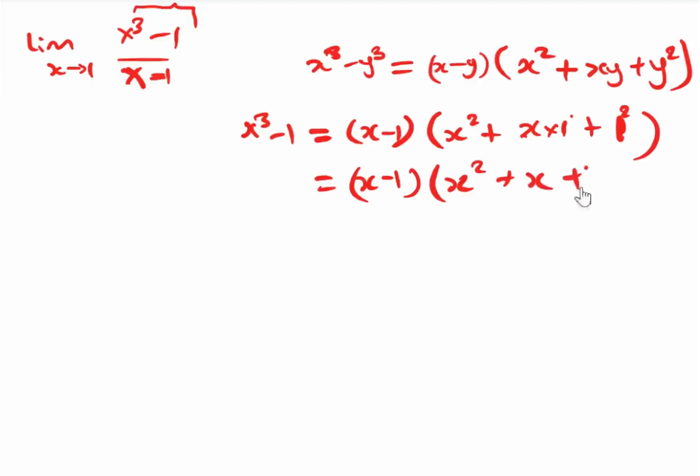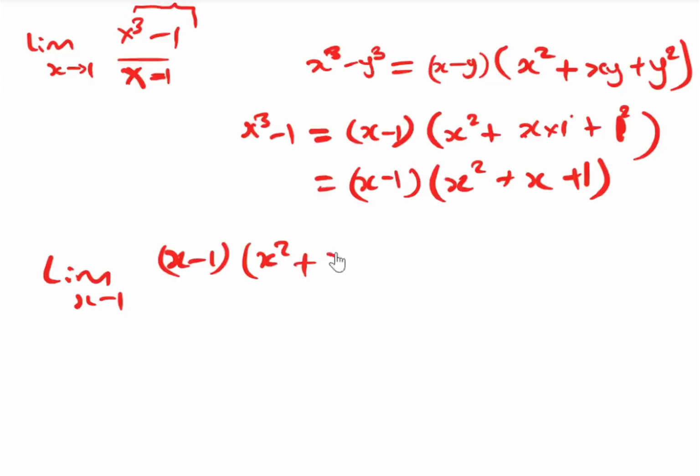Therefore, our limit as x approaches 1 is x minus 1 into x squared plus x plus 1 divided by x minus 1.